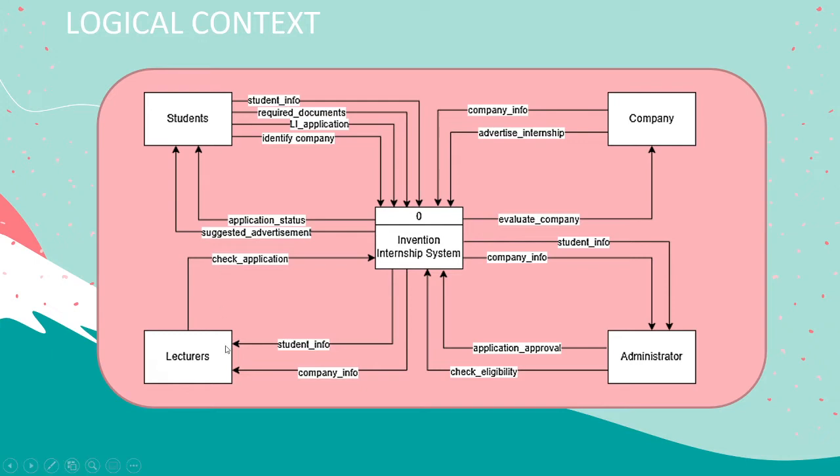Lecturers can check the applications and the progress of the students, and they can evaluate the company the students have gone to for internship. Administrator can check the approval of the student from BLC forms, and they can come up with a verification letter which the student can use to make an application to a company.